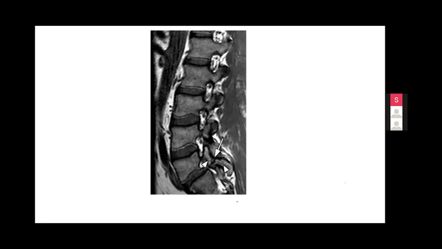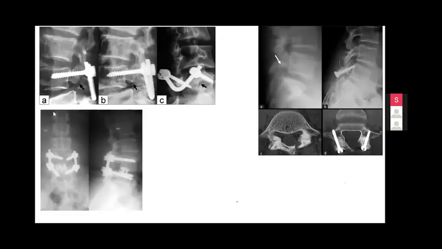Is the rod sitting on the spinous process or in the pedicle? The rod is sitting on the spinous process. Basically, what it does is compress the lamina, so it compresses the defect. We use the pedicle screw that goes around your spinous process and presses on the defect.